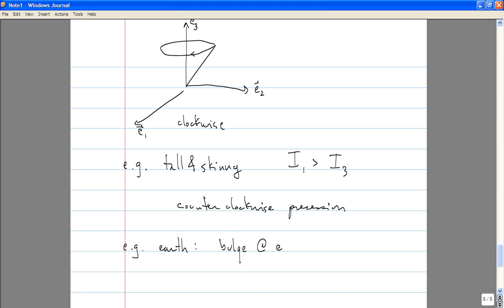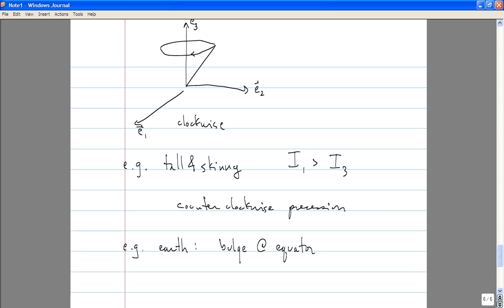This can be understood from our study of non-inertial reference frames, where we saw that due to the centrifugal force, the effective mass of an object at the Earth's surface was reduced by around 0.3% at the equator relative to the North Pole or South Pole, which means that effectively the Earth will bulge slightly at the equator, much like Danny DeVito.